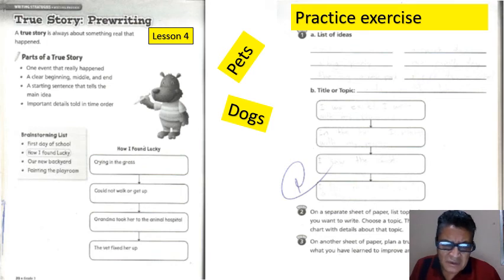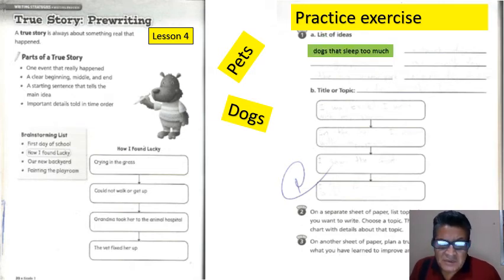Big sizes, small dogs, medium size, big dogs. And in order to write something nice about a dog, we need to do examples, which is called brainstorming. In Spanish, it's called lluvia de ideas, and it's necessary to practice so that you can get the best information to develop your story. So let's check some examples.